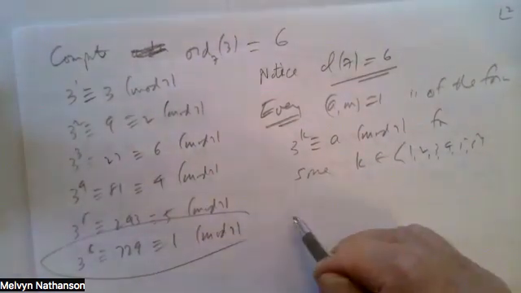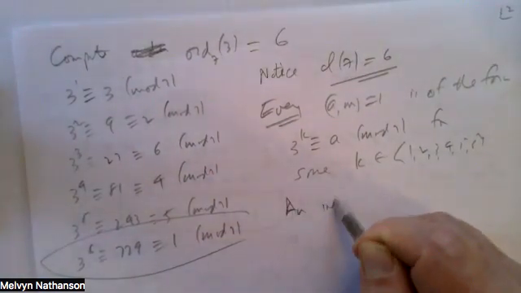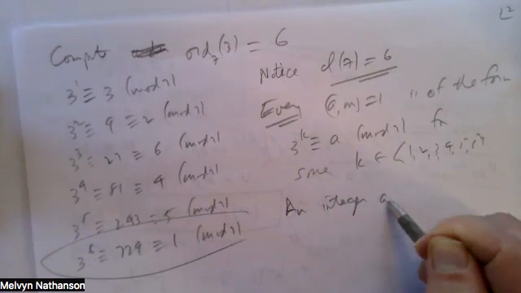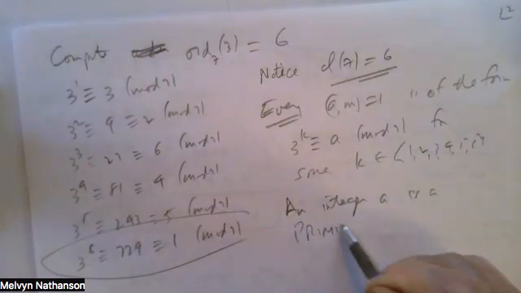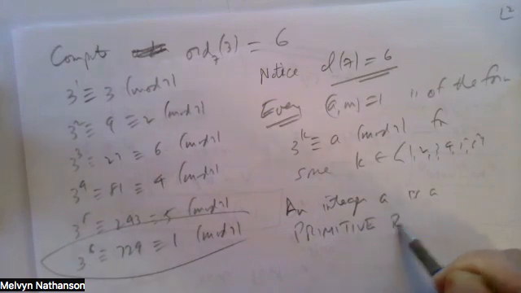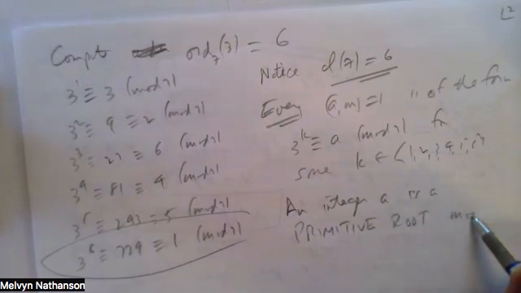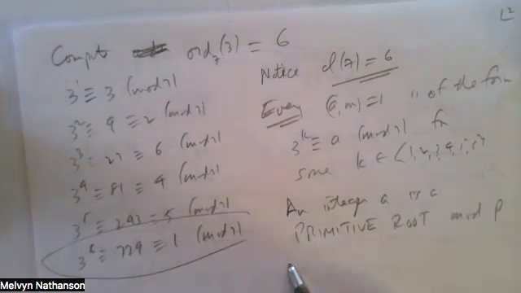And we say that an integer a is a primitive root mod m, not just a prime, if two equivalent things happen.